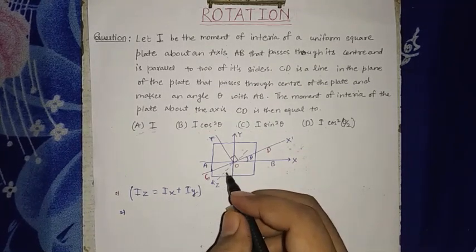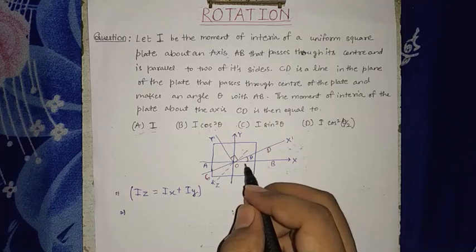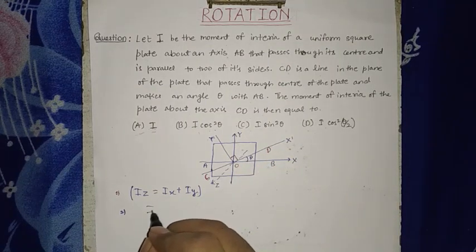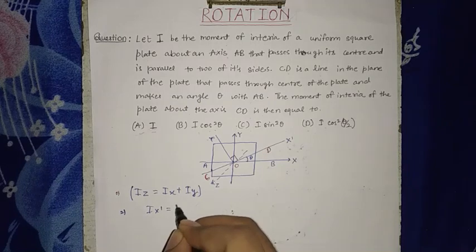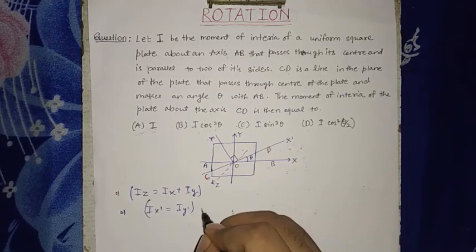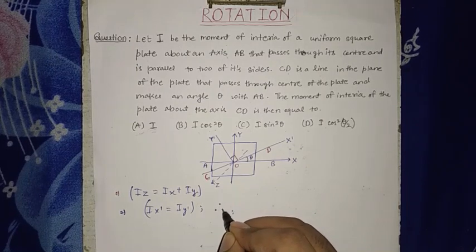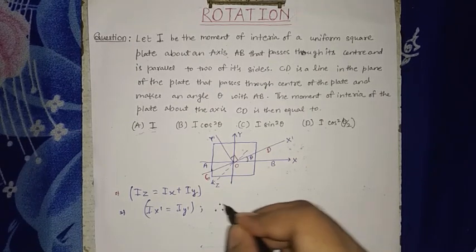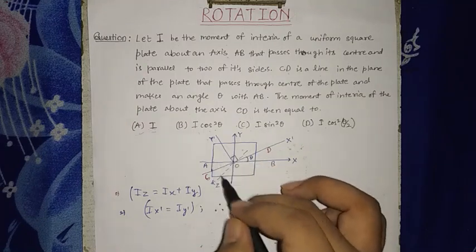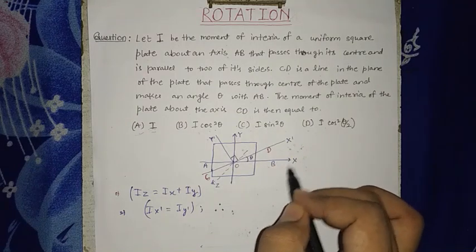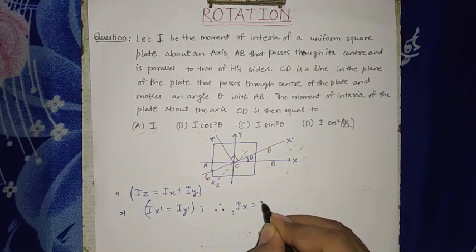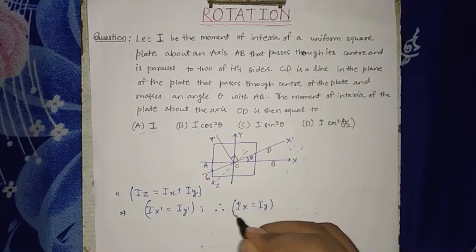And now we can see that the plate is quite symmetrical about the x dash axis and y dash axis. So I can write that Ix dash is equal to Iy dash. And similarly I can also see that the square plate is symmetrical about the x axis and y axis. So similarly I can also write that Ix is equal to Iy.